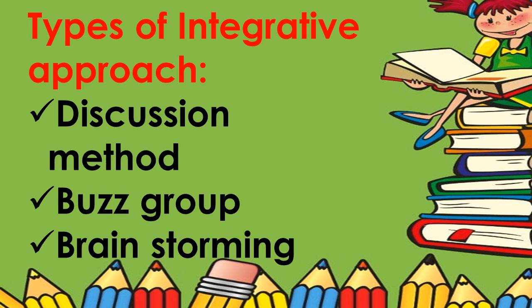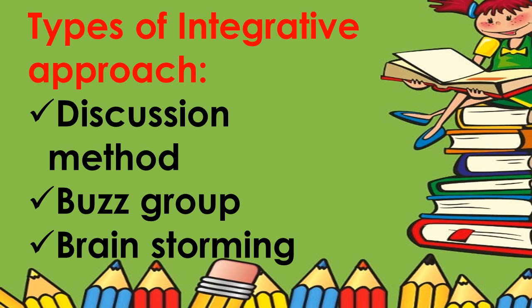And the third one, discussion method, is the two-way communication between the teacher and the learner. Next is the buzz group. In buzz groups, larger groups are divided into smaller groups and given one or more topics to discuss.